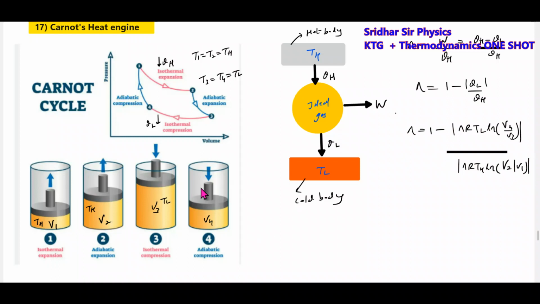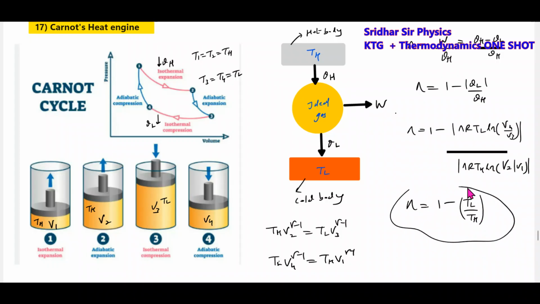By using the adiabatic expansion formula, we can eliminate the volumes. So TH V2 to the gamma minus 1 equals TL V3 to the gamma minus 1. Similarly, TL V4 to the gamma minus 1 equals TH V1 to the gamma minus 1. Using these formulas we can replace, and I'll end up with the expression TL by TH, the temperature of the cold body by the temperature of the hot body.